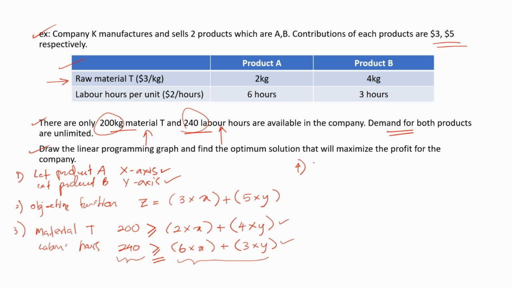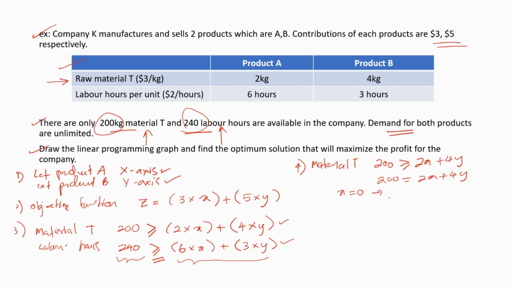Let's consider material T first. This is the function we just modeled for material T: 2x plus 4y. Let's remove this greater than sign and keep the equal sign. So 200 is equal to 2x plus 4y. The first step is we are going to assign 0 to the x value.